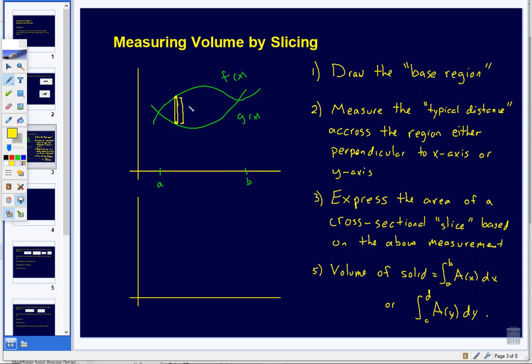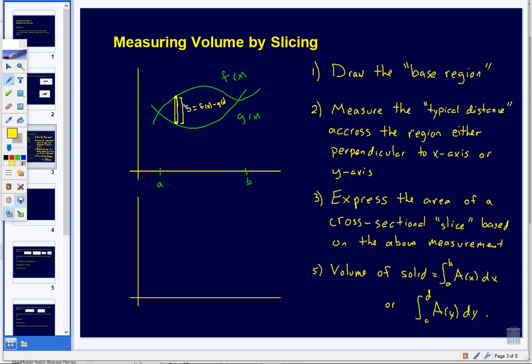Now I just call that distance s because it's going to be the side length of our squares, or the side length of our equilateral triangles, or it might be the diameter of our semicircles. But most commonly, if we're slicing perpendicular to the x-axis and there is a clear upper function and lower function, that distance is just the difference between those two functions. And I typically just call that s.